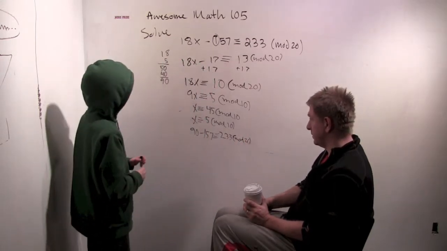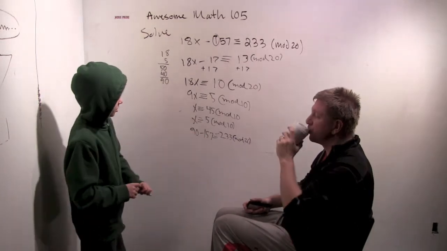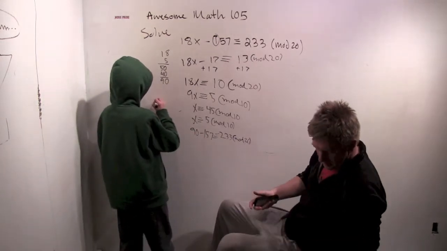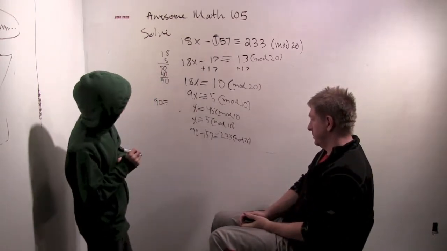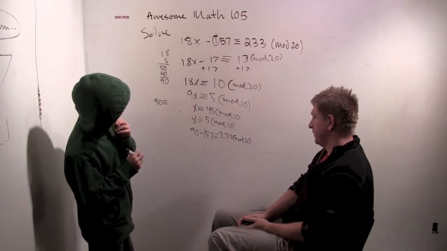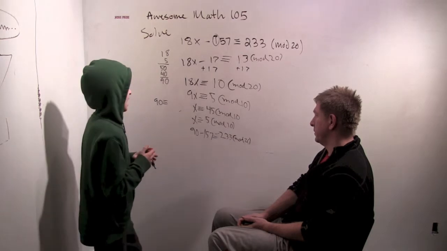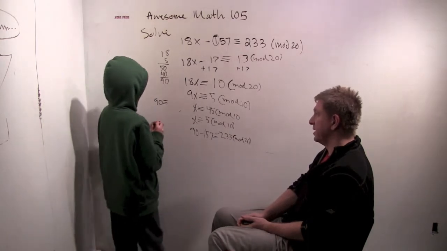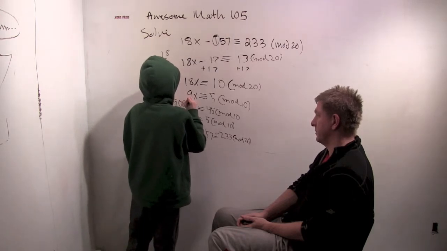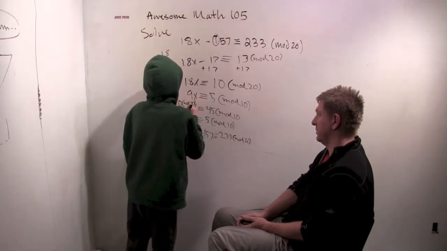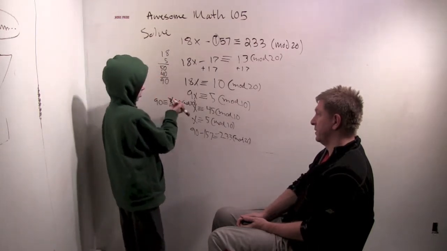We can add 157 to both sides. So we get 90 is congruent to, well, this would be 390. So is 90 congruent to 390 mod 20? Again, we can ignore this part and we get 90 is congruent to 90.